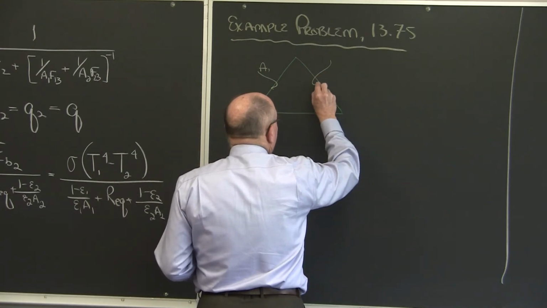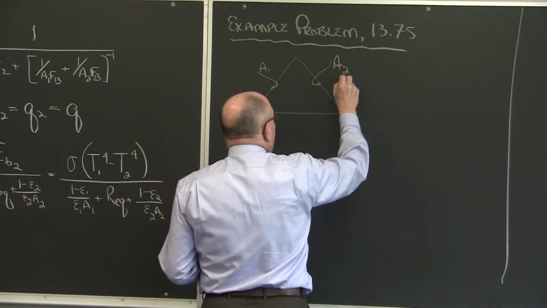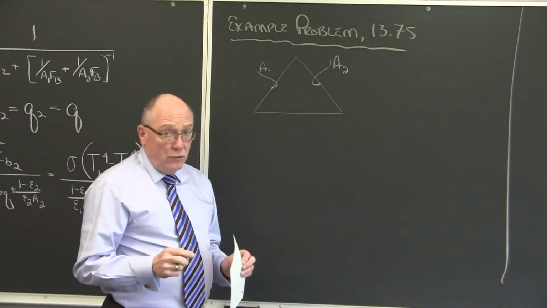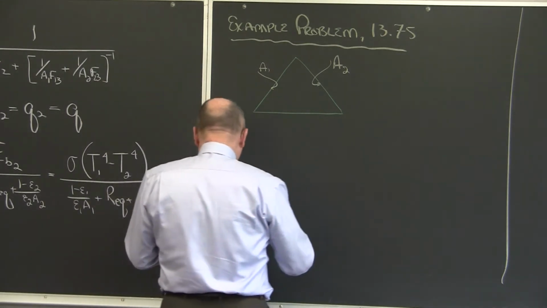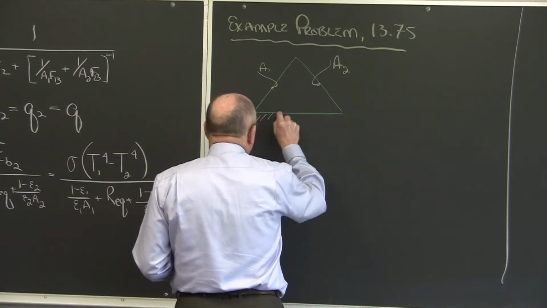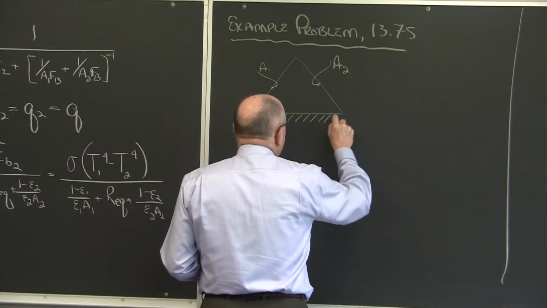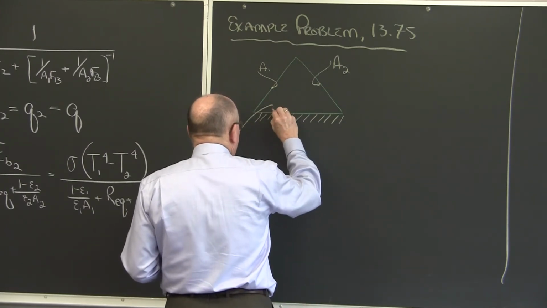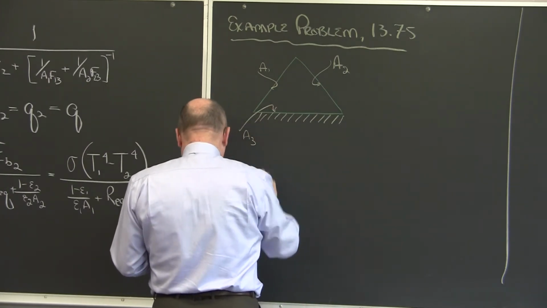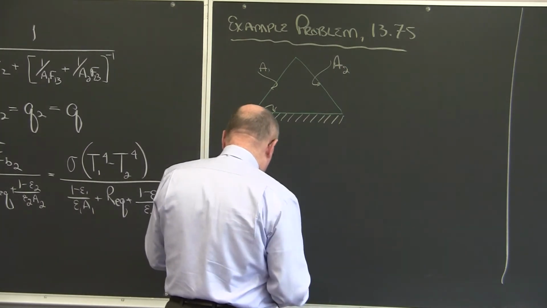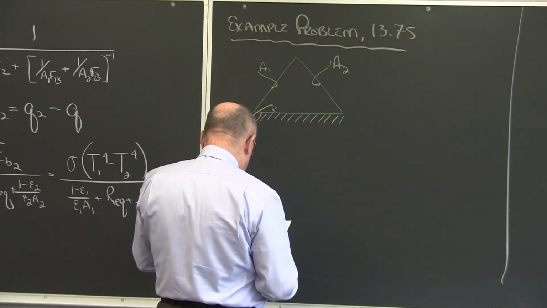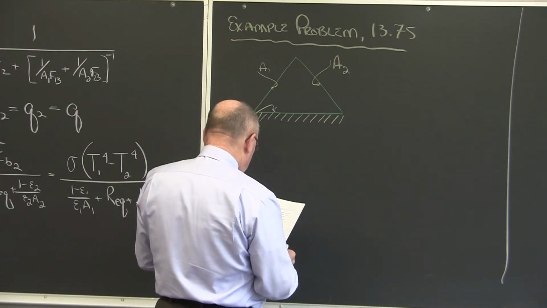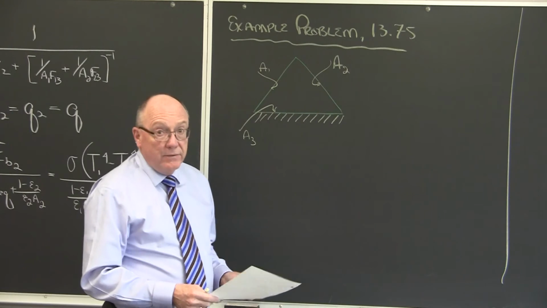This is surface A2, and its temperature is 700 Kelvin with an emissivity epsilon 2 of 0.5, and this is an insulated surface down here. And this surface A3 has a temperature T3, which you are asked to find, and you're told that its emissivity is 0.8.